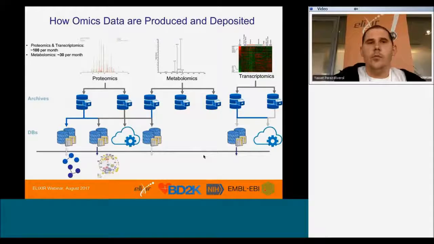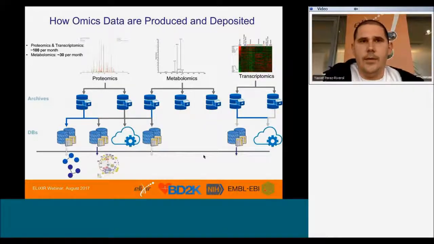The current way we store data is that data is produced in different labs, goes into archives, and those data are used by knowledge-based databases to produce the biological knowledge.